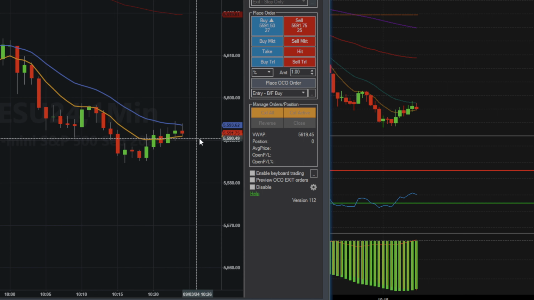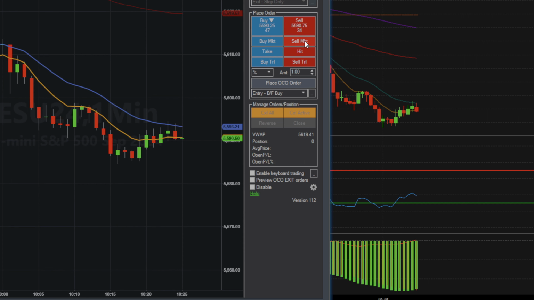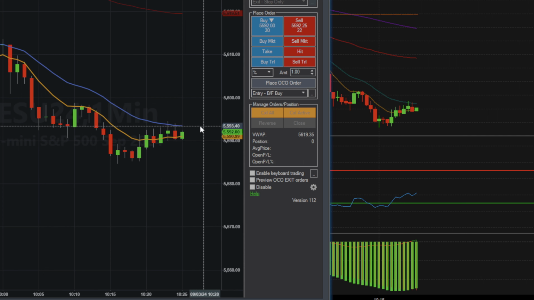If we do break below this 9 moving average, I may look to scalp a short here. A better place is going to be when it breaks this 20 moving average.